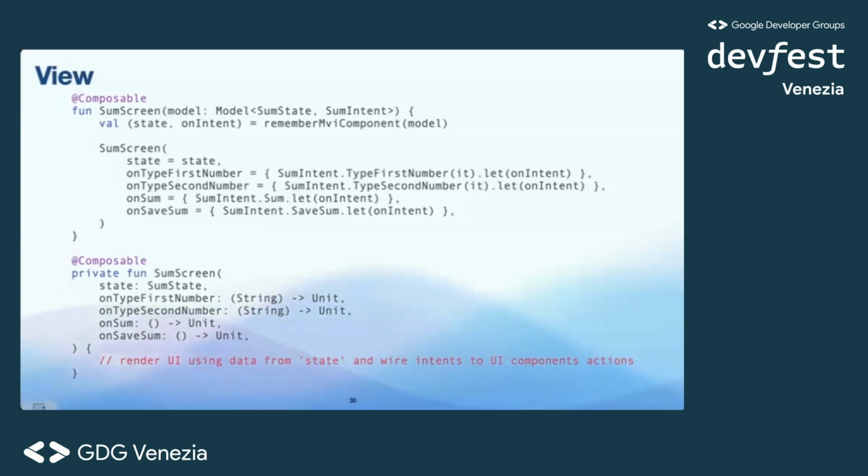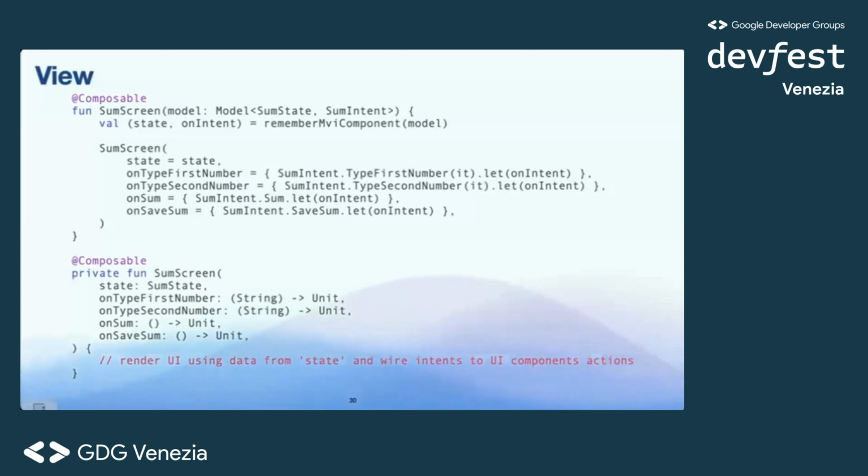We give it to this function of our library, rememberMVIComponent, which returns a pair of the current state and a lambda function onIntent. The state, you can imagine what it is. We can use it to render our UI using the data that's stored in state. And the onIntent, I'm going to explain very soon.